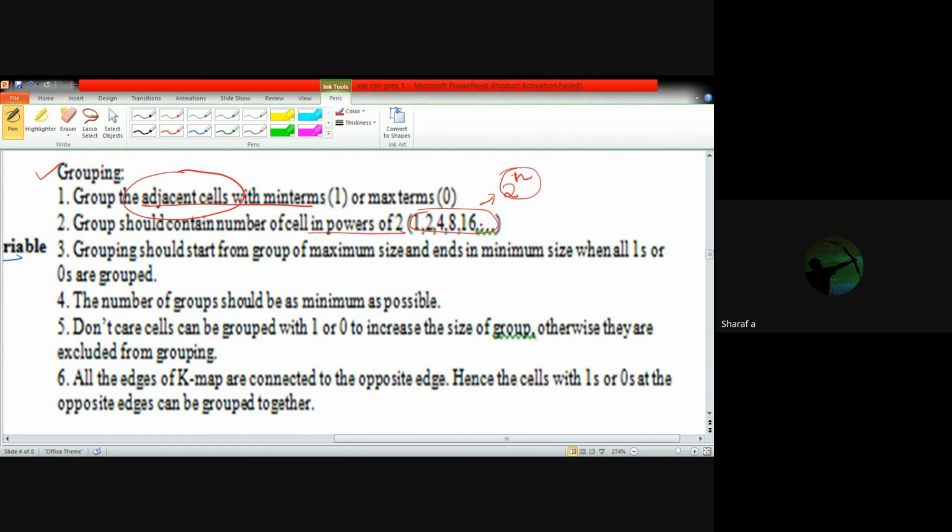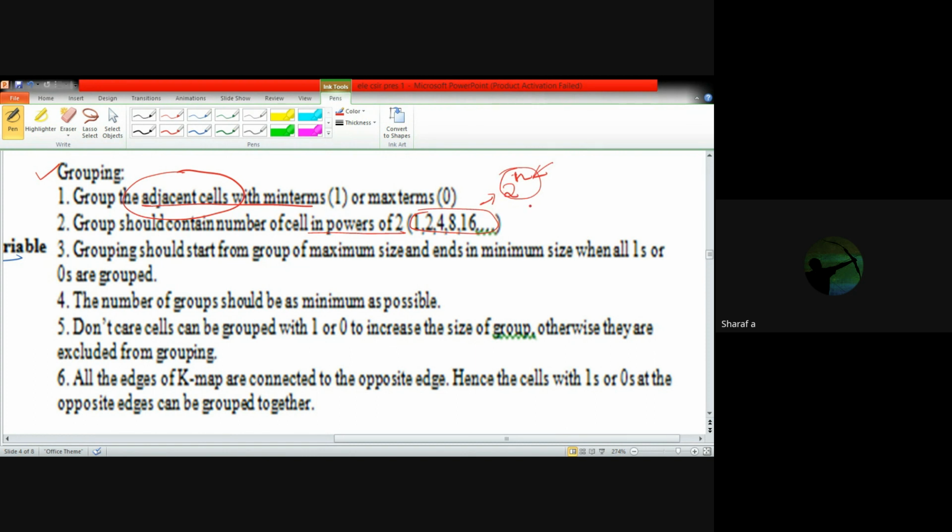It can be 16 cells, 8 cells, 4 cells, 2 cells, or 1 cell, a single cell itself. But it should not be 15, it should not be 9, it should not be 7, something like that. It should follow this order, 2 raised to n form. Okay, that is the second thing.